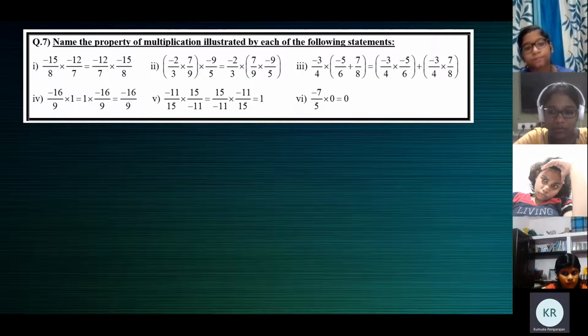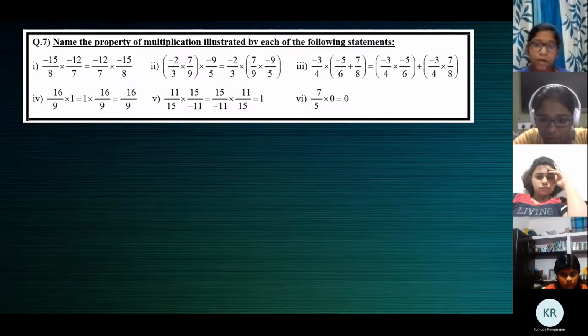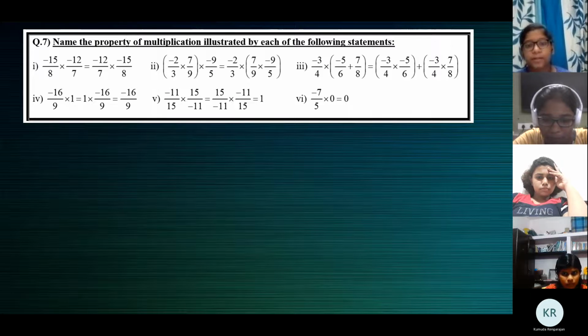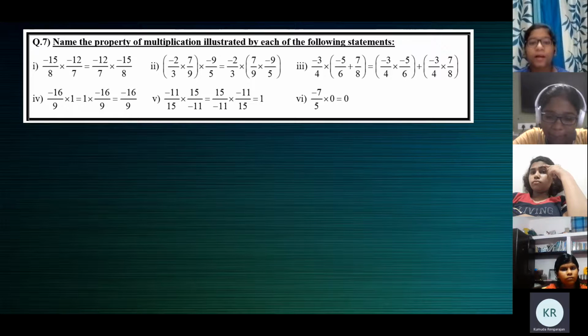Very good. Tell me the property using the rational numbers A by B, C by D, and E by F. Ma'am, it's the distributive property of multiplication over addition of rationals. No, you said A into B plus. Okay, yes, ma'am.